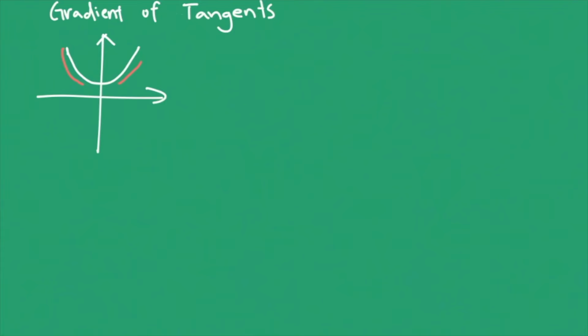So if we draw a tangent on a curve, which is based on a point, if in this tangent the gradient is bigger than zero, then the curve is increasing.